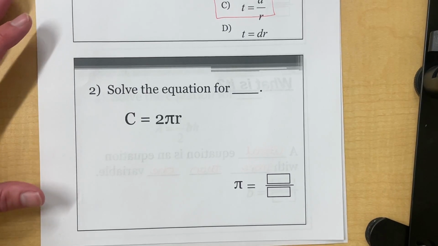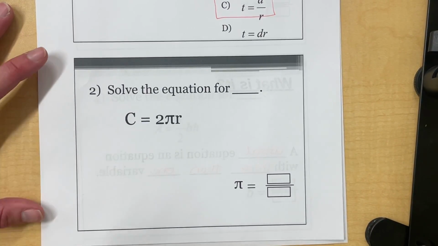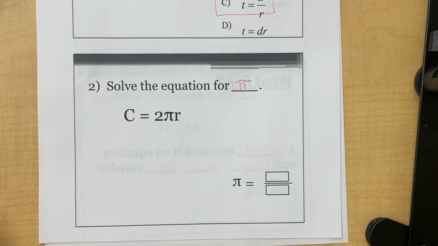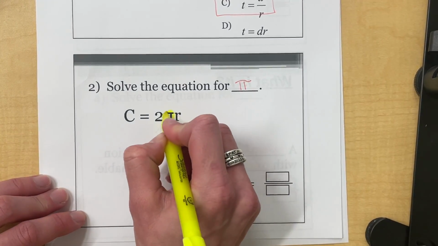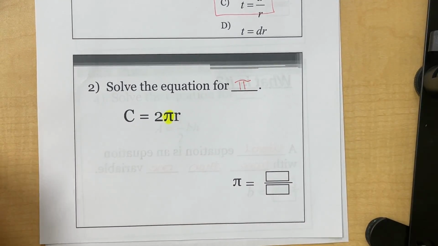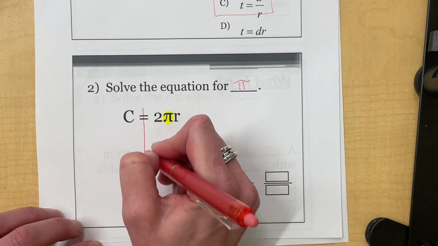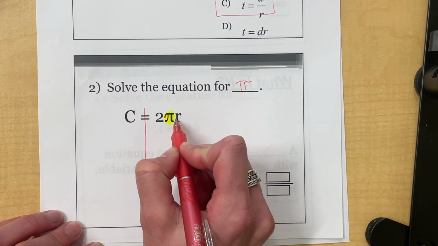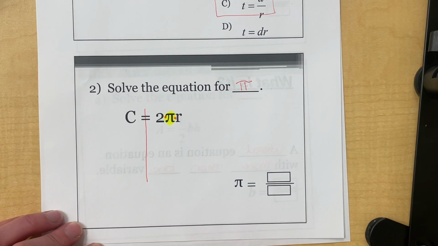Problem number 2, we are solving the equation for pi. So find your highlighter, highlight pi. We want to get pi by itself. Pi is attached to the 2 by multiplication. It is also attached to r by multiplication.